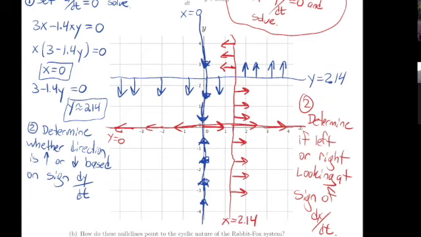And so here's what's really nice about nullclines: they divide the region up into areas where the vectors in the vector field all have the same general direction.